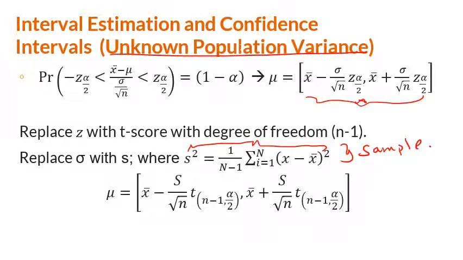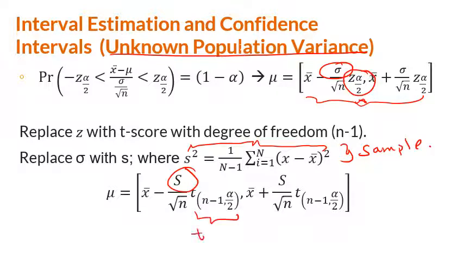So, yung ating interval estimation or confidence interval natin will be now given by this. And now, we replace sigma with S, and we replace your Z-score with your T-score.